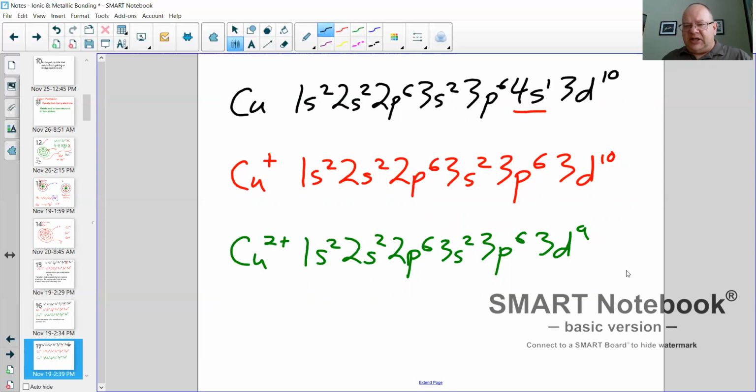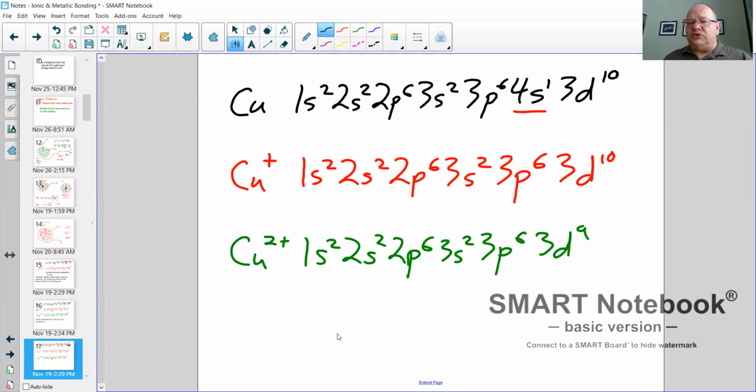I can't explain that to you. I don't understand it myself. I haven't researched all the subtle little nuances of the energies of electrons. But apparently, this last one is a better fit because copper-2 compounds are more common than copper-1 compounds. Copper actually does this more often than this one.